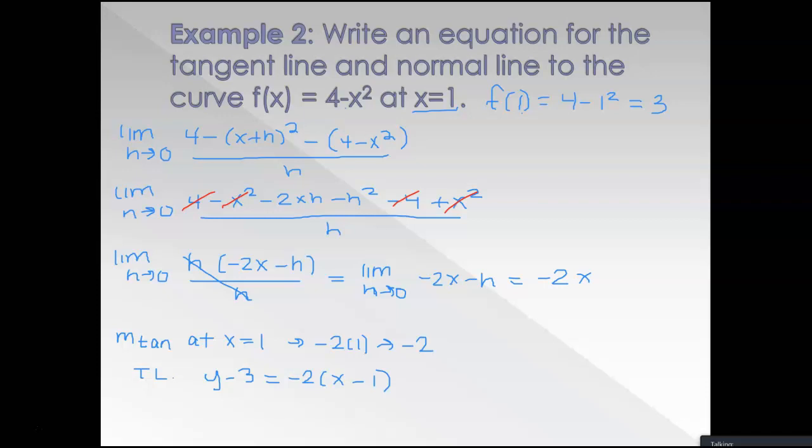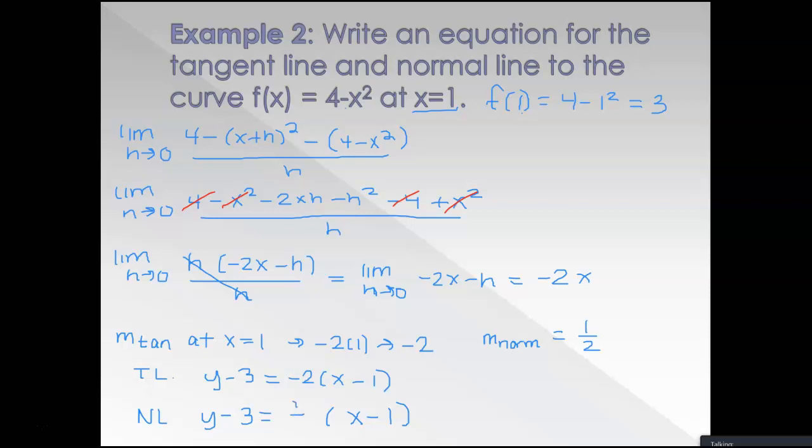And then it asks you to find the normal line. Well, the equation of the normal line is similar. It's y minus y1 equals m times x minus x1. The only thing that's changing is the slope. So if the slope of the tangent is negative 2, the slope of the normal is positive 1/2.